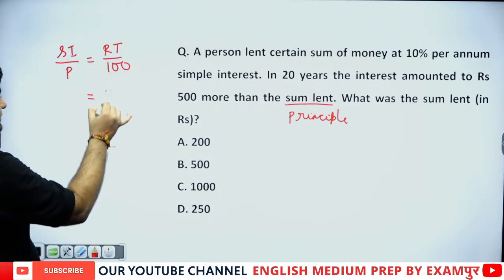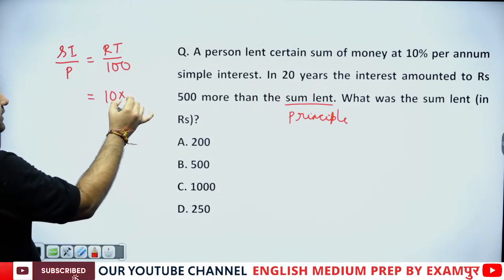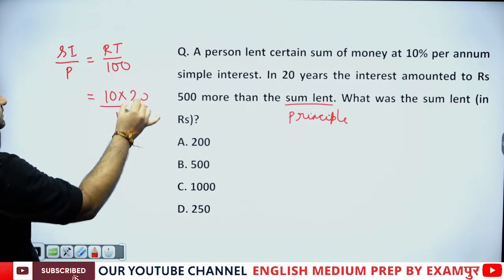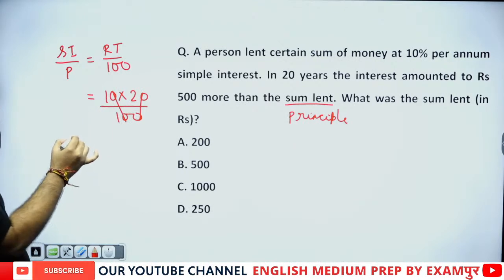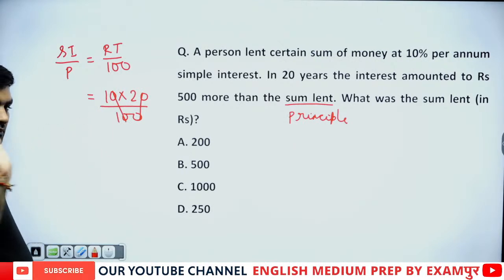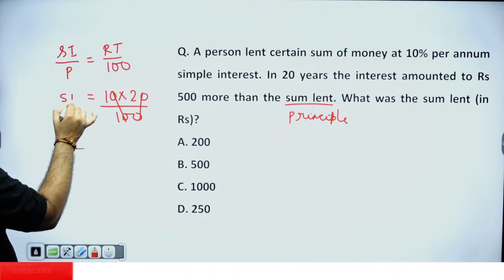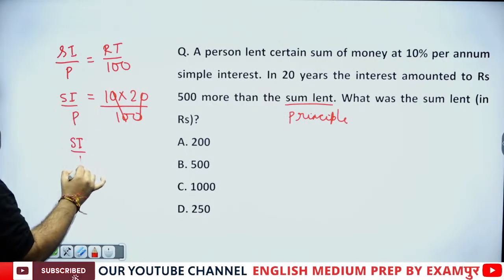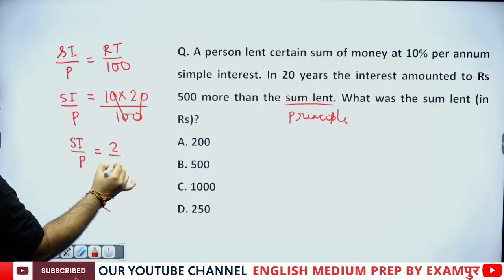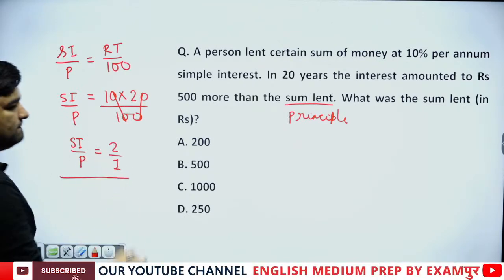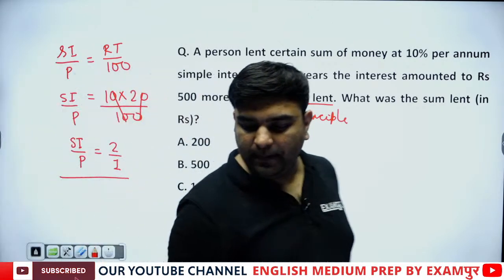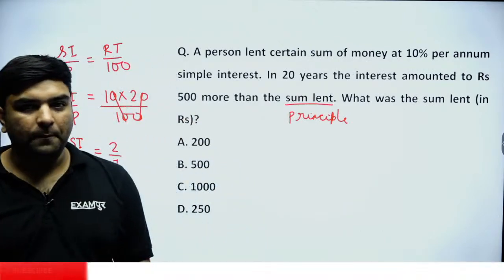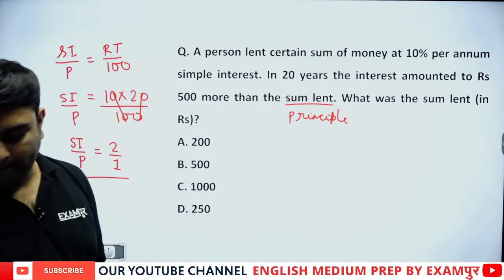Rate is 10, time is 20, upon 100. Can I say SI over principal is 2:1?